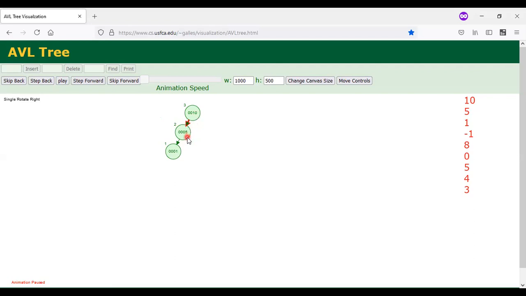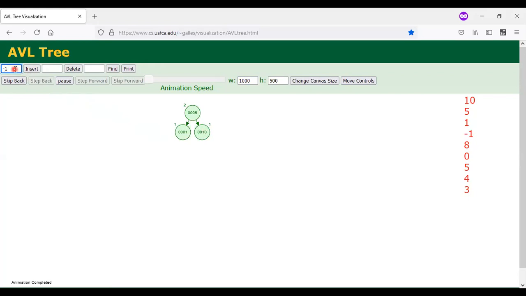Since 5 is the middle node and it has a left node, it can be made the root node for these two elements. So the root node will be 5, and these elements are taken into account here.